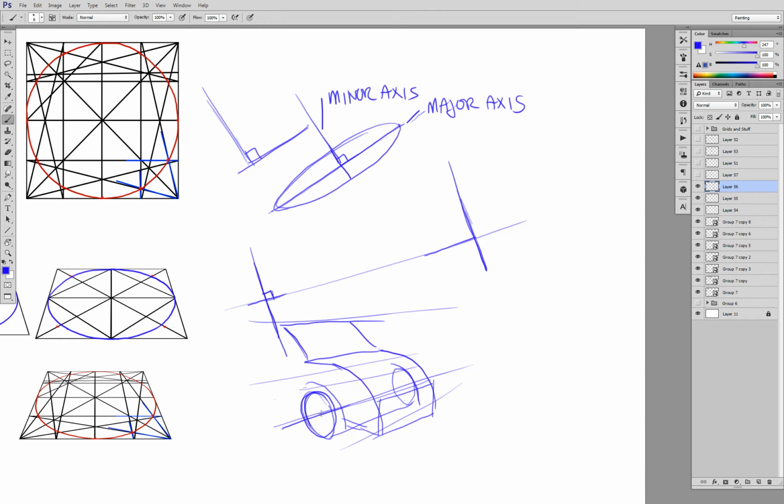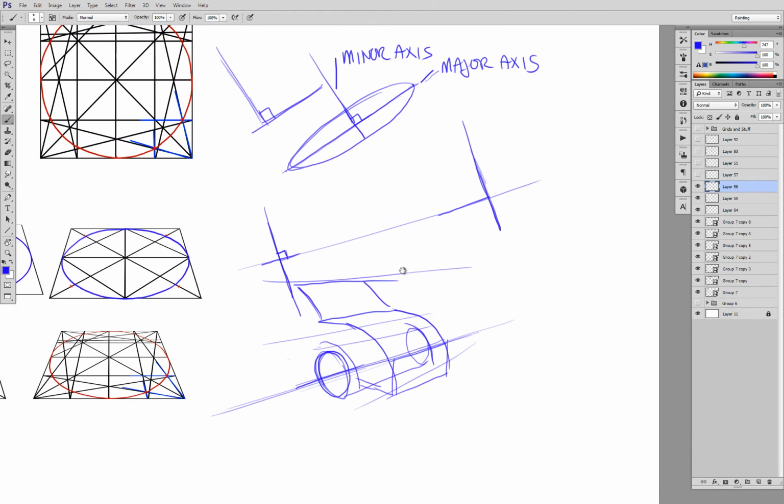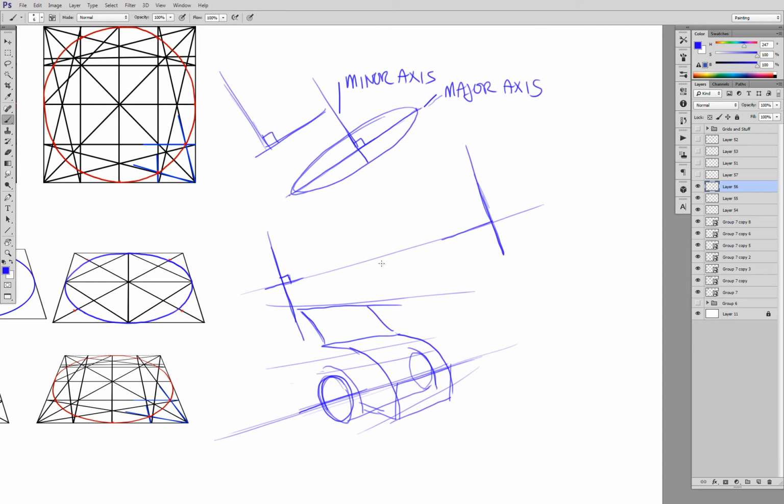So the axle, or the center line of your cylinder or object, is often going in perspective. So this is why we can really use this.